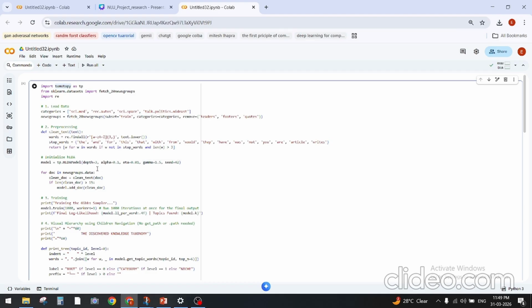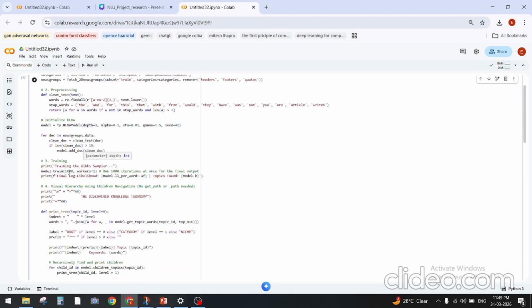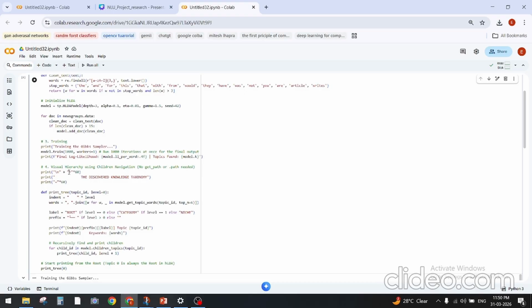We have defined the depth 3 for our tree. Then we are performing the training loop for 1000 iterations. In these 1000 iterations, we are performing Gibbs sampling, moving documents and words between levels, and we are getting the paths and words that we have between the levels, and we are also printing the log likelihood.